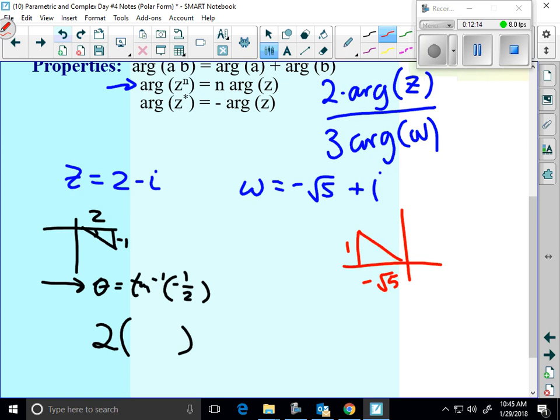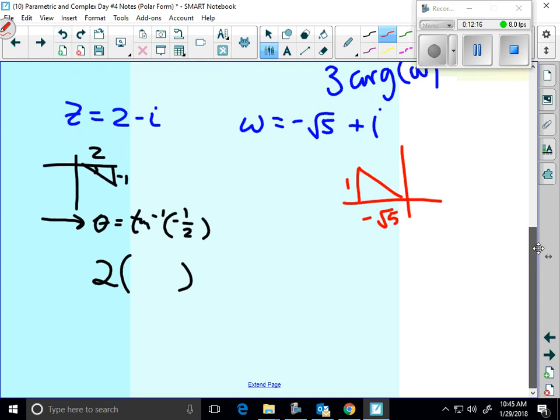I don't even need to know the modulus. I don't care about it, actually. I just want this angle right here. So I would take the inverse tangent of 1 over negative root 5, get a value, and multiply that by 3. Why? Because I wanted the argument of w cubed. It's just a property. It's kind of like logs. You can take that exponent, bring it down in front as a coefficient.